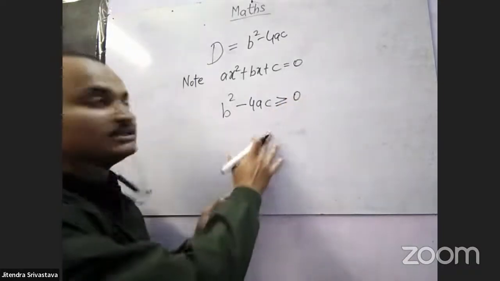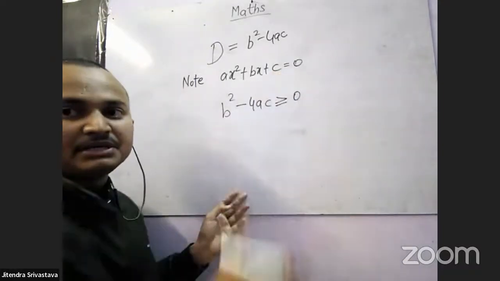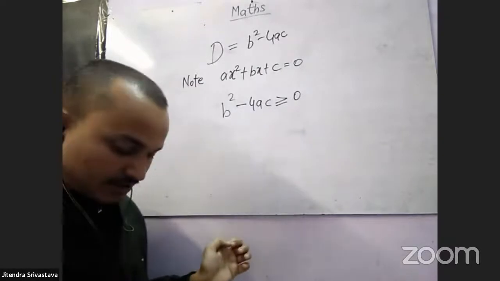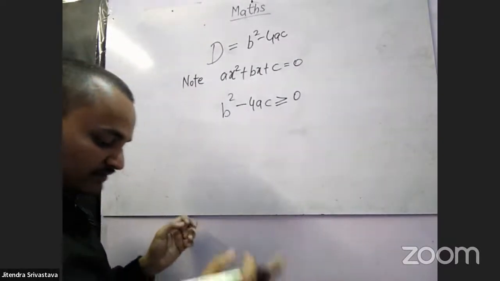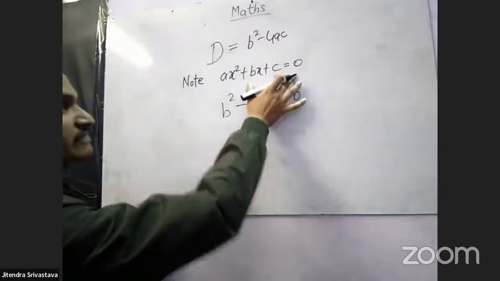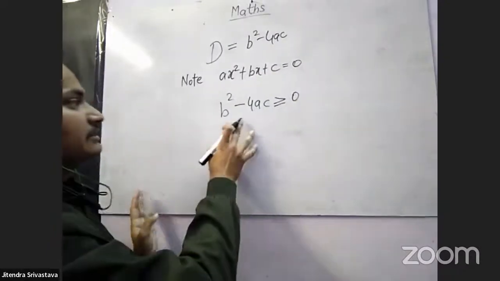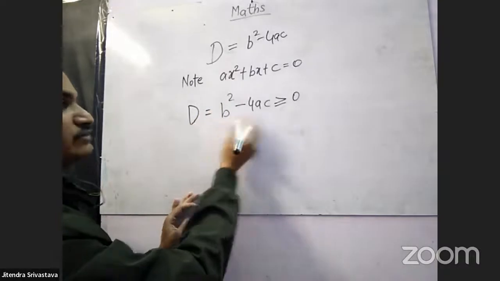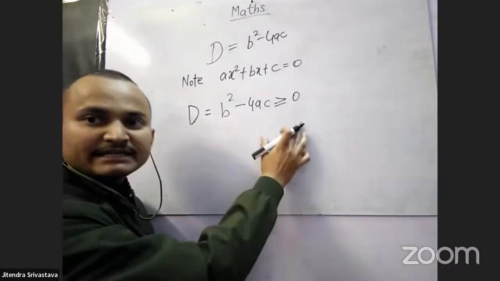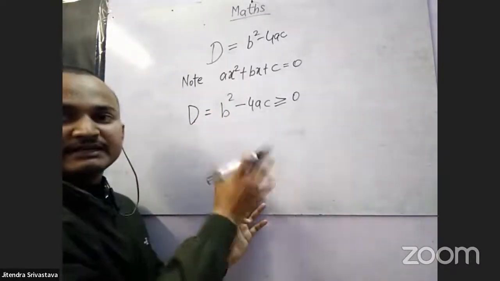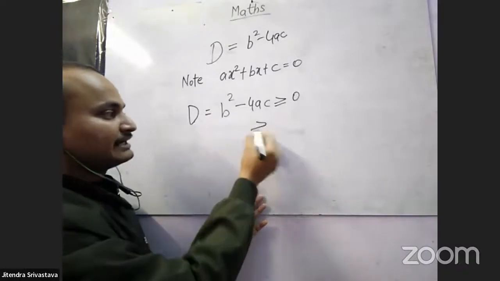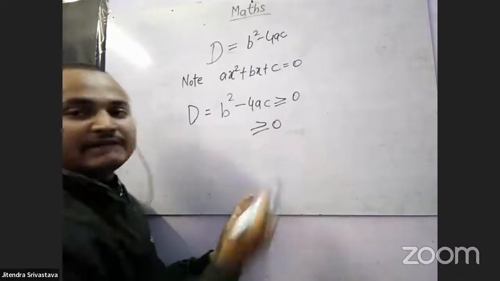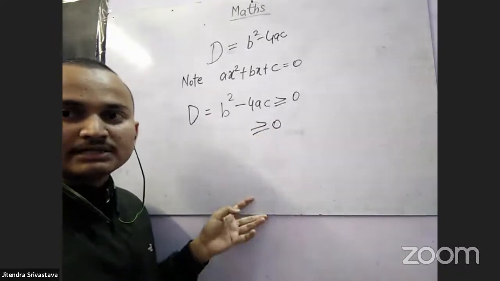Only then will the roots of this equation be real numbers. So the roots of this equation will be real when the value of the discriminant, or you can say b square minus 4ac, is greater than or equal to 0. Whenever the value is either greater than or equal to 0, the roots are called real.